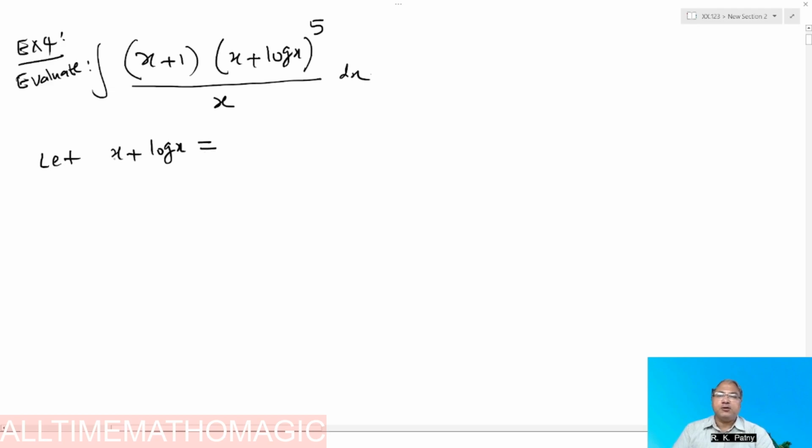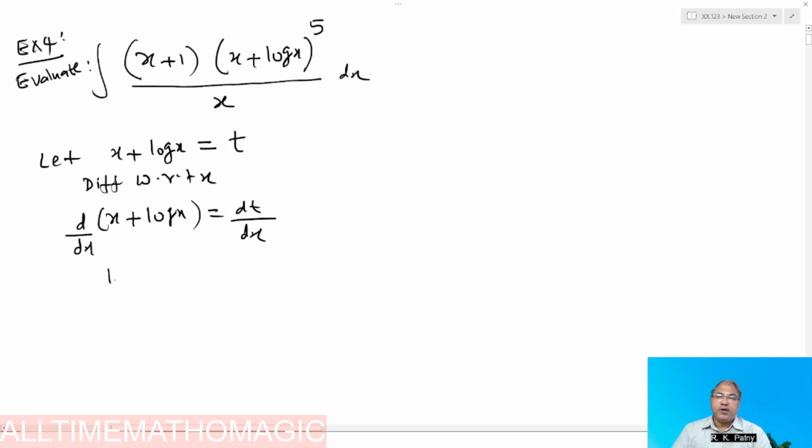So first option, x plus log x equals t. Generally by observation, we get the easy guess that this can be the t. So x plus log x equals t. Now differentiating with respect to x, the derivative of x plus log x with respect to x equals dt by dx.